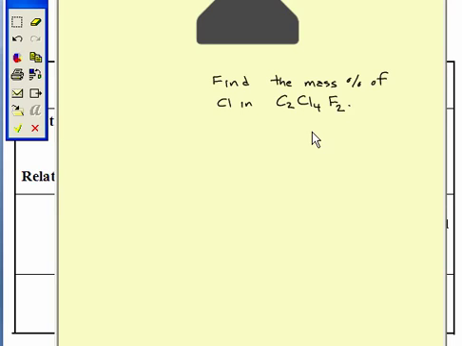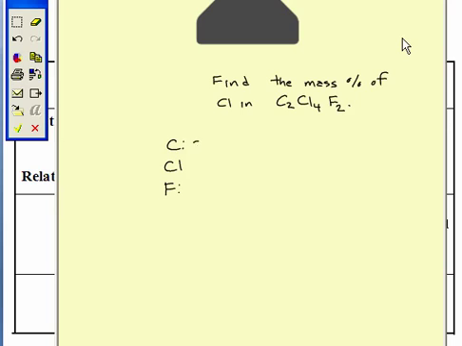Okay, so if we remember back to our formula, we need to know the mass of our element in the mass of 1 mole. So let's go ahead and calculate the molar mass of this, and then we'll know what the mass of 1 mole of our compound is. So we're going to break apart our compound into the elements that make it up.